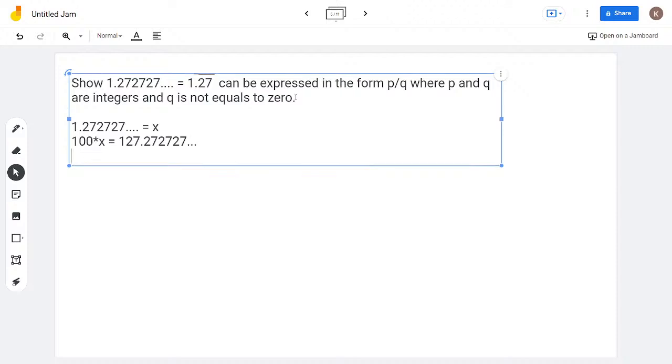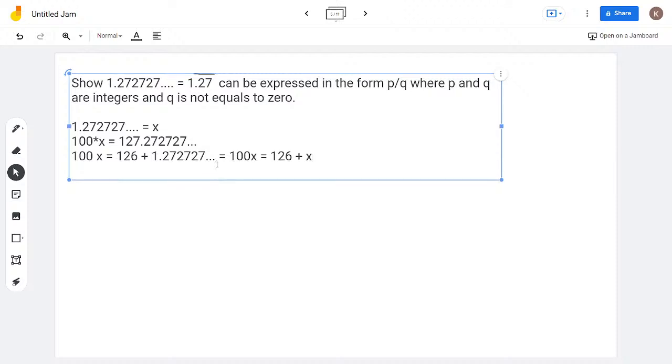Actually, this 100x is equal to 126 plus 1.272727 and so on. This 1.27 bar is the number which is equal to x, so we can write 100x is equal to 126 plus x.